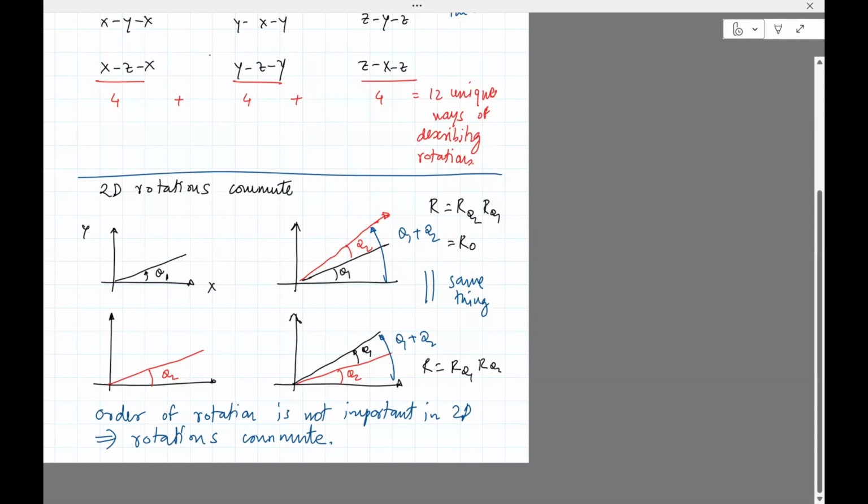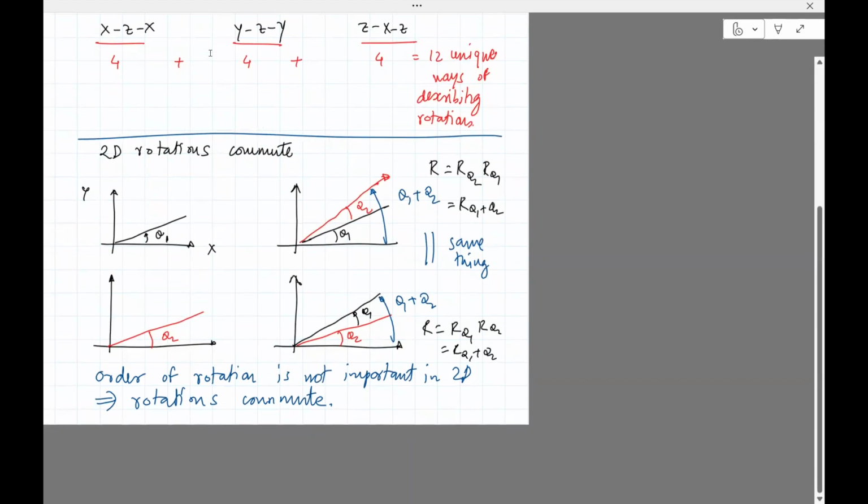The net rotation is θ1 plus θ2, irrespective of how it was done. This is just the rotation matrix, a 2x2 matrix. If you do the multiplication, you'll see that the net result is θ1 plus θ2. That is to say that they do commute.